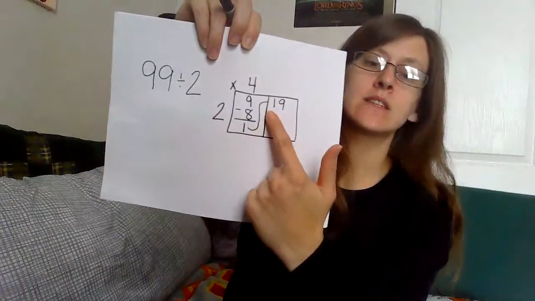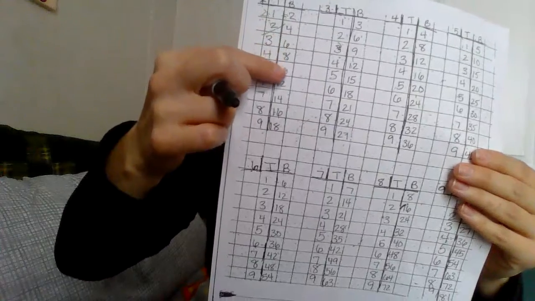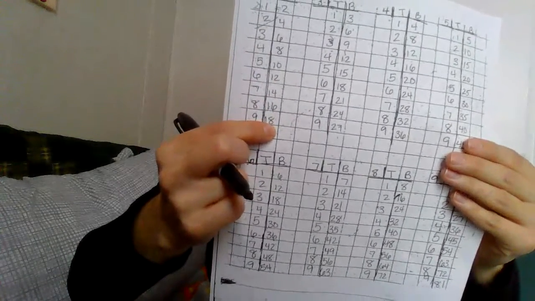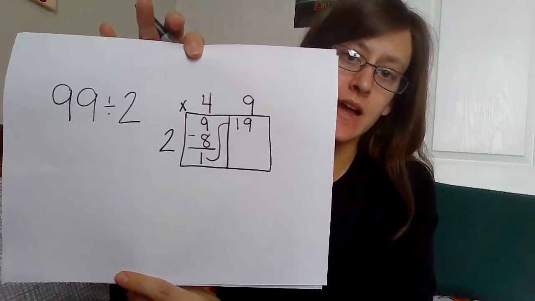So 2 into 19. How many groups of 2 can you make out of 19? If I look at my bottom numbers, I don't see 19, but the closest that I can get is 18. So that's 9 times. My 9 is going to go on top. That's how many equal groups of 2 I can make out of 19. 2 times 9 gives me 18.